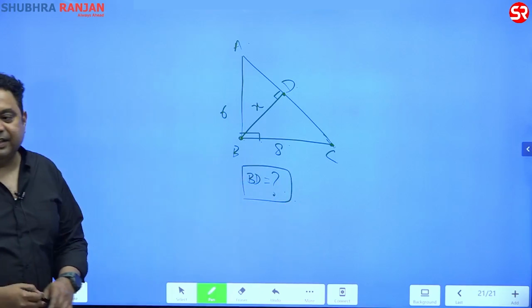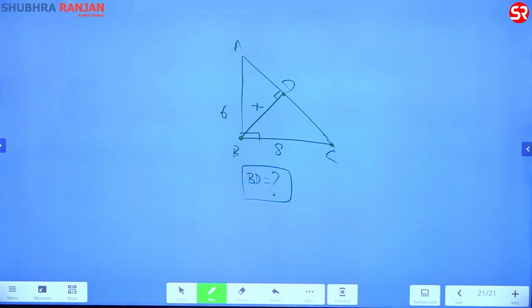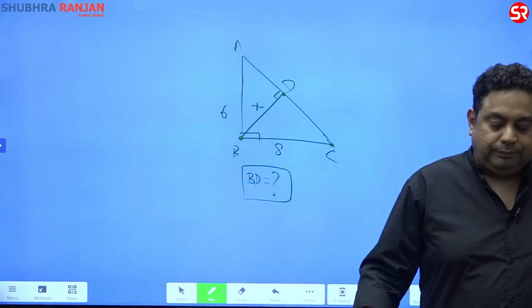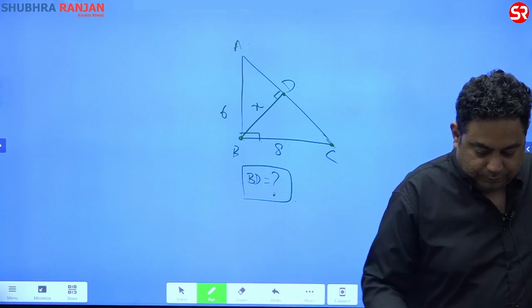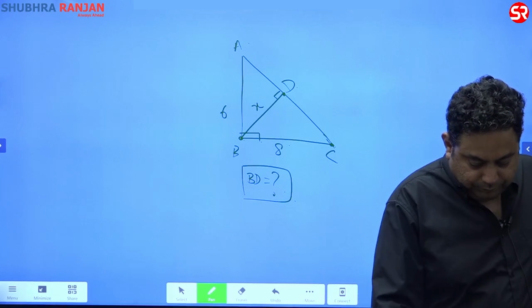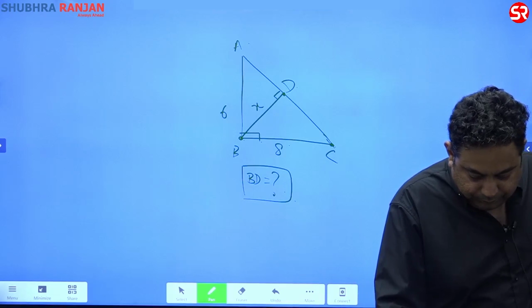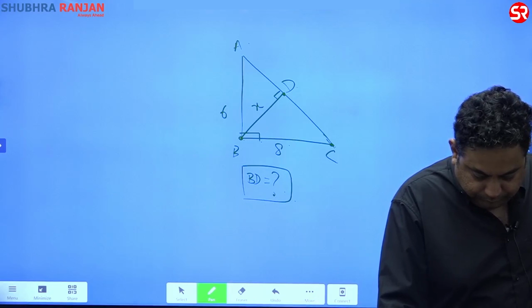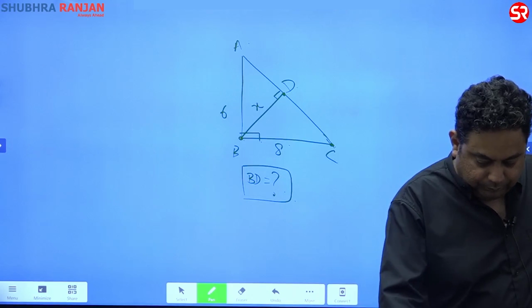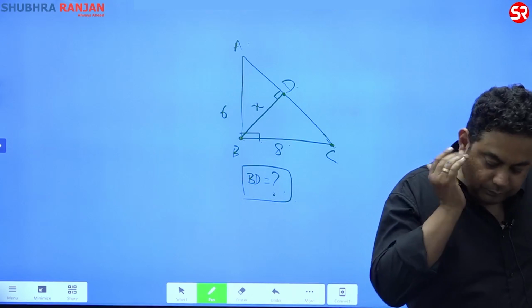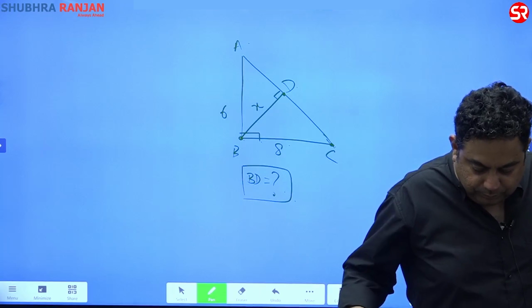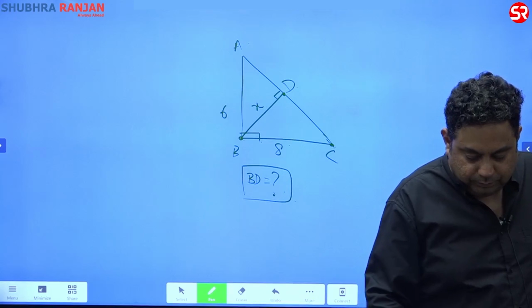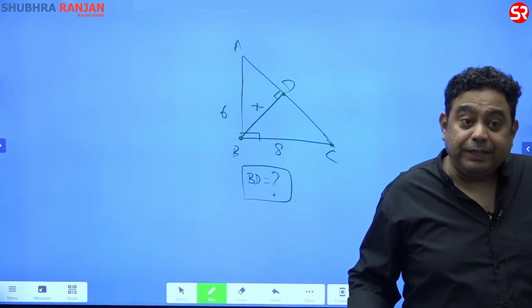This came in the paper: what is the length BD? Done? 4.8.